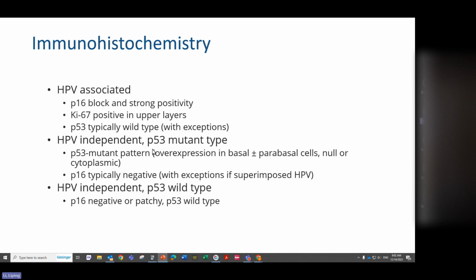But don't forget we also have the null pattern, which means that when we do P53, all of the cells show loss of P53 staining. So basically, we use these two stains to tell whether this is HPV-related and the P53 mutation status.